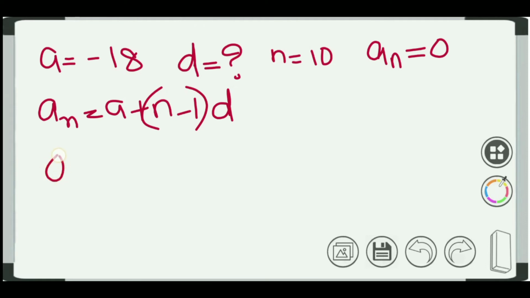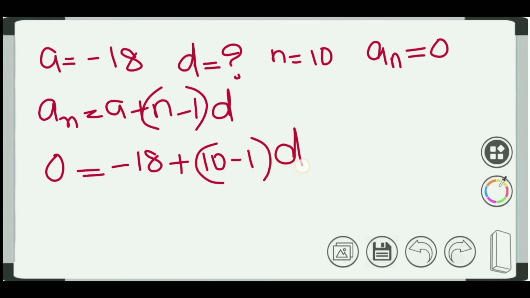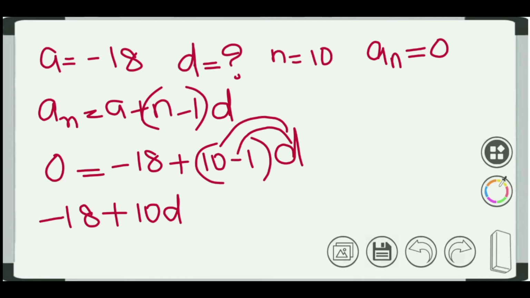An is equal to 0, a is equal to minus 18 plus n is given as 10, 10 minus 1 into d, we don't know. Now minus 18 plus 10d into minus 1, minus d, equal to what? 0.